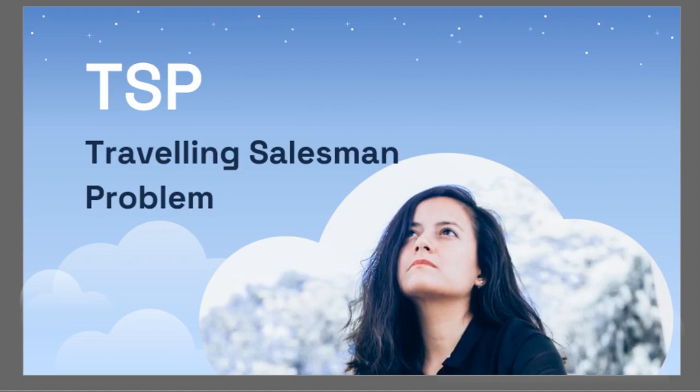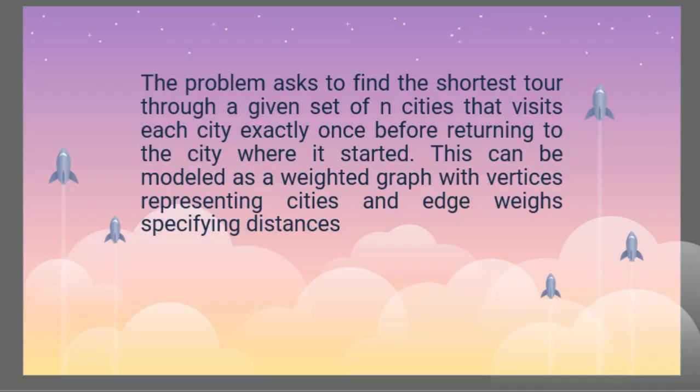Okay? So the first problem is the TSP or the traveling salesman problem. This problem asks to find the shortest tour through a given set of N cities that visits each city exactly once before returning to the city where it started. So it doesn't matter kung city siya.